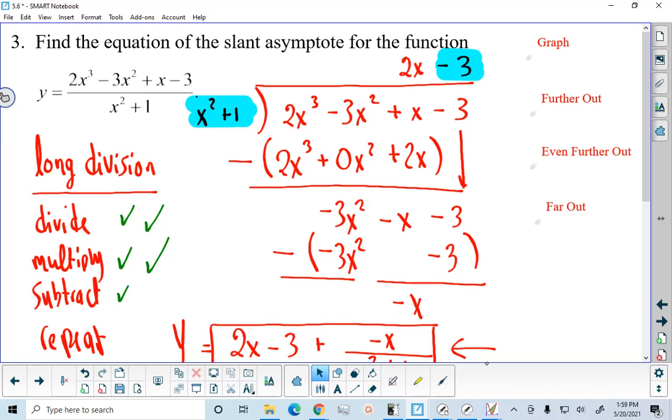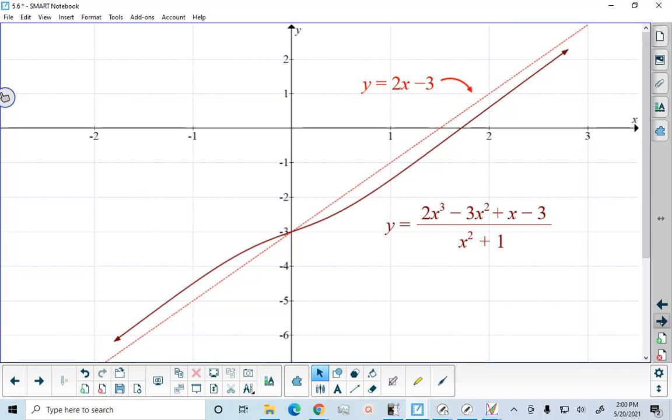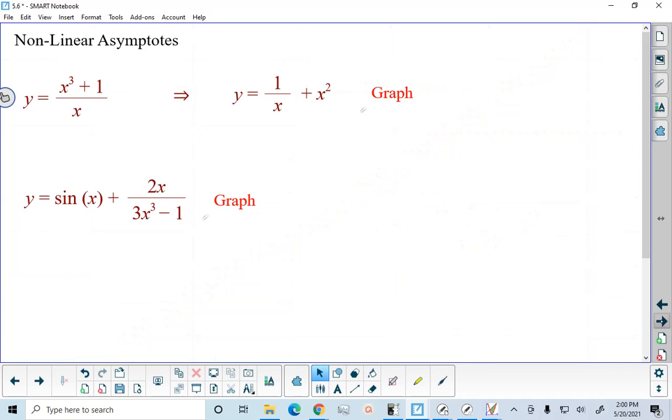It's a weird idea. First of all, this is elective material. This is not going to be on your exam, okay? But you could very well encounter it next year. I want to point out to you that asymptotes don't have to be lines. They don't have to be linear.